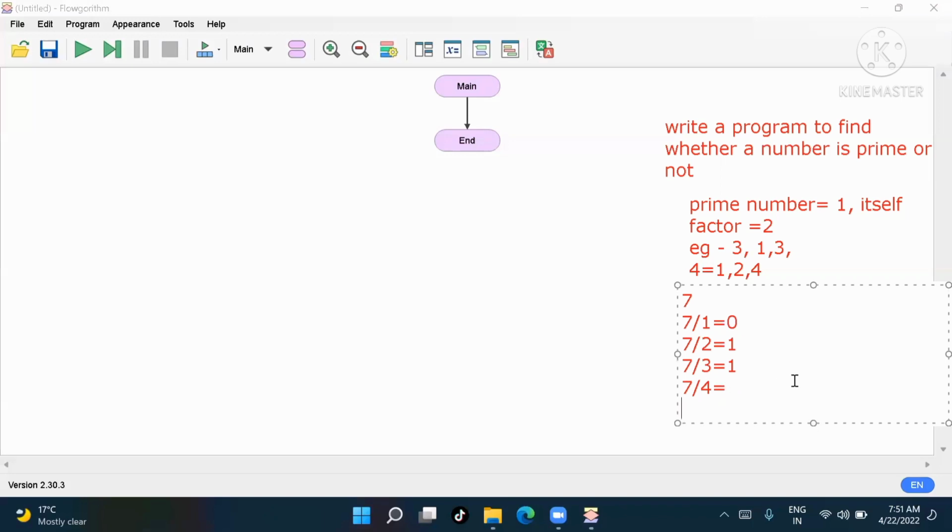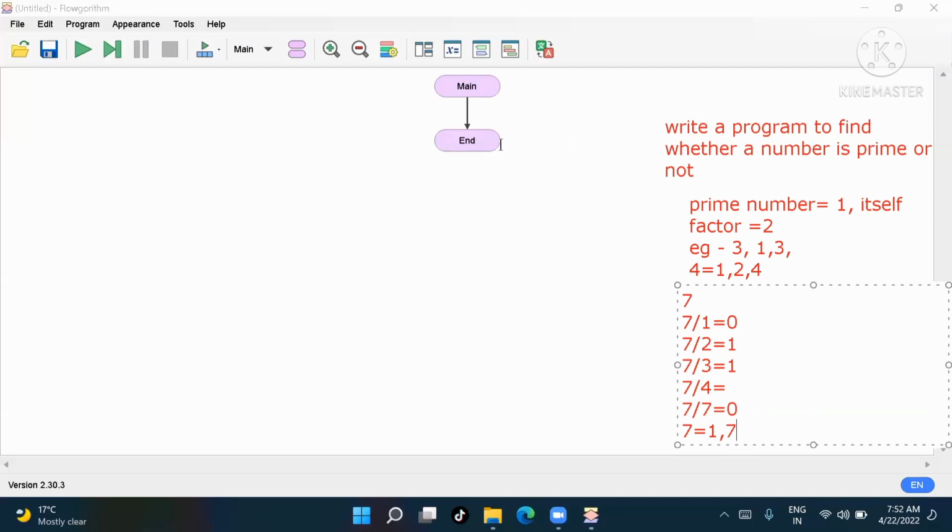In this way, 7 divided by 7 equals 1, remainder 0. So there were only 2 factors of 7, which are 1 and 7. There were only 2 factors, so this number is a prime number.